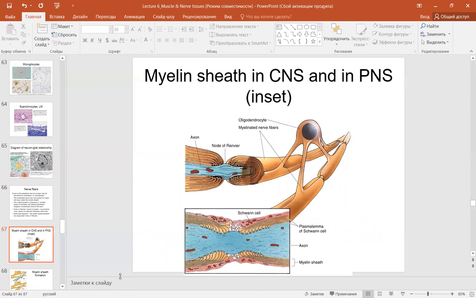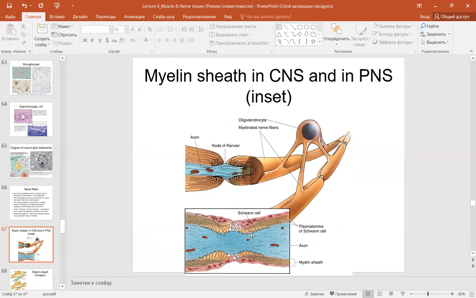Here you have this myelin sheath, oligodendrocyte in the central nervous system, covering several nerve processes. Node of Ranvier, from one to another node of Ranvier, the electric impulse is jumping, increasing the speed of the transduction of electric impulse in the organism.